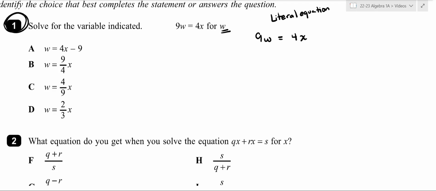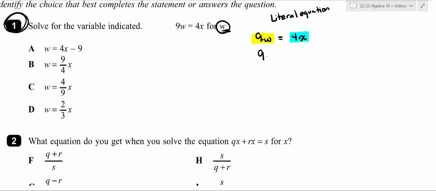All right, so when we look at this, this is your left side, this is your right side, clear? On the left side, you're multiplying 9 times w, and on the right side, you're multiplying 4 times x. And we want to isolate the w, right? Because that's what we want to solve for.